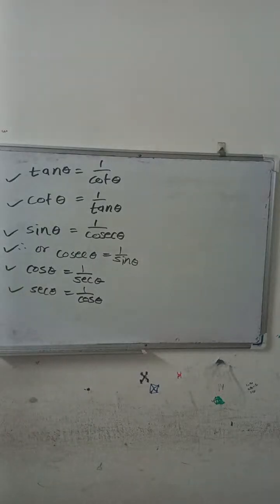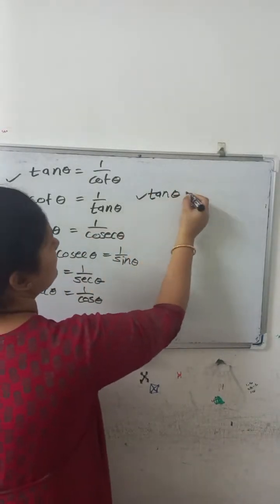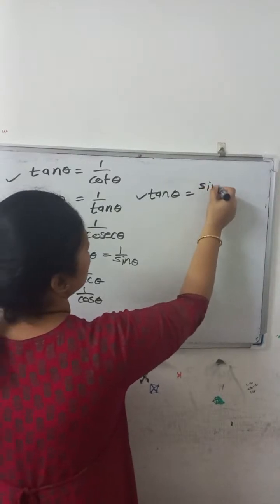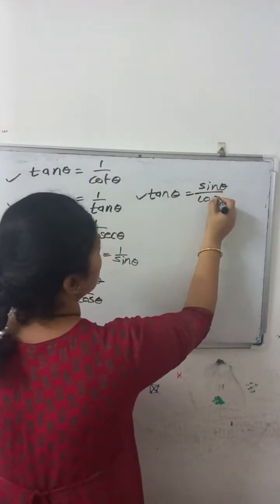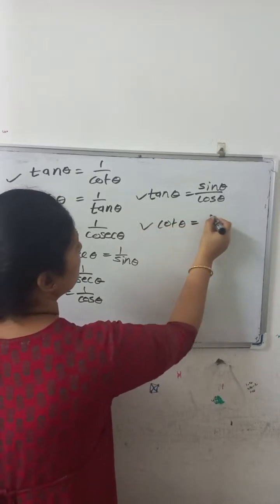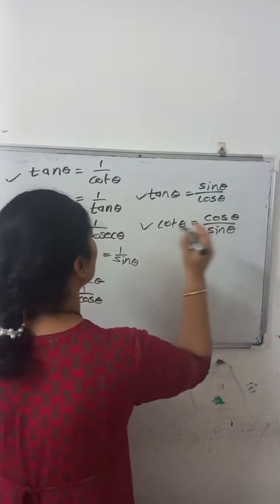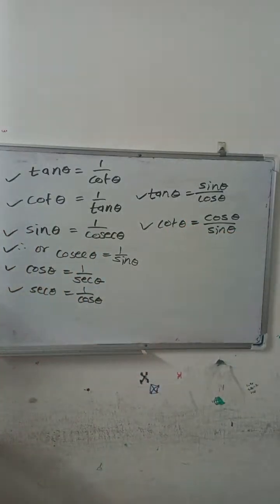Okay, so these are the formulas we are getting, and we can write one more thing. Tan theta is nothing but sin theta by cos theta. Now cot theta is equal to cos theta by sin theta. These are very important formulas. Write down.